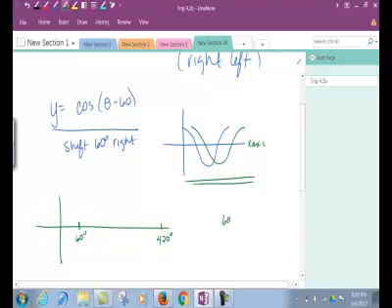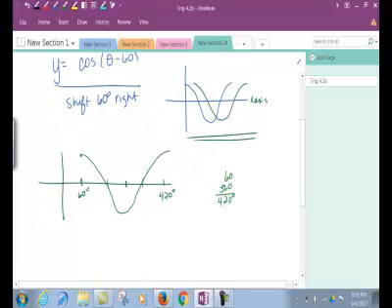I hope that makes sense to you, that if we start 60 degrees to the right of 0, we should also end 60 degrees to the right of 360. Perfect. So then we divide this axis up and draw the basic shape. That's easy enough, but now we've got to find these intermediate points, these key points here.